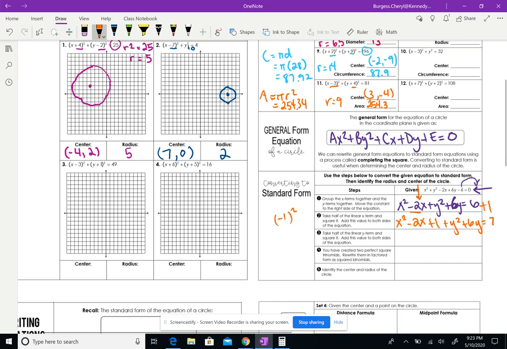Okay. And now we're going to do the same thing for the y terms. So looking at this number, we take half of 6, which is 3, and square it and add it to both sides. So just rewriting the first half, x squared minus 2x plus 1 plus y squared plus 6y plus 3 squared, which is 9, equals 7 plus 9, 16.